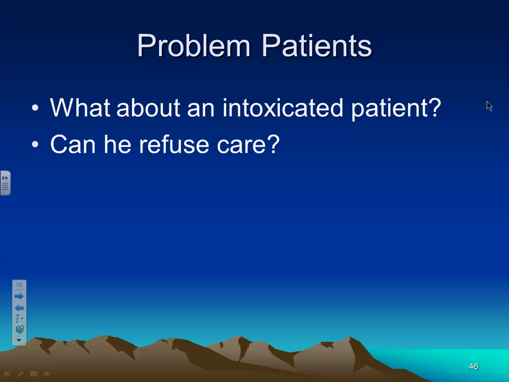So you're going to have to make this judgment. You can always get law enforcement involved if you feel it's necessary. You also have to look at the conditions under which you were called. If law enforcement called you because this patient has had some type of trauma and he's drunk, then you have to look beyond the drunk and look at the trauma and recognize that a patient that drinks a lot can have a worse outcome from the trauma than somebody that doesn't.